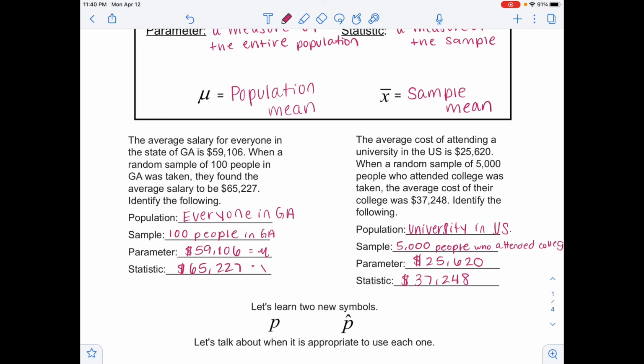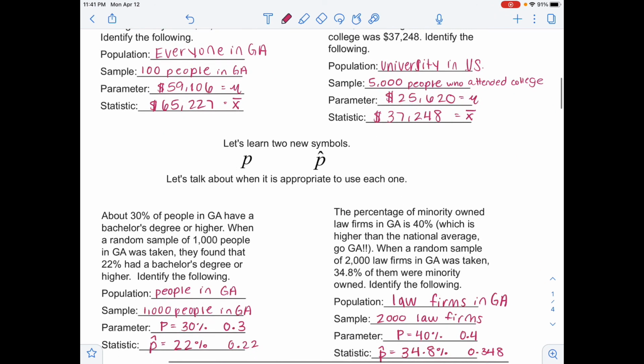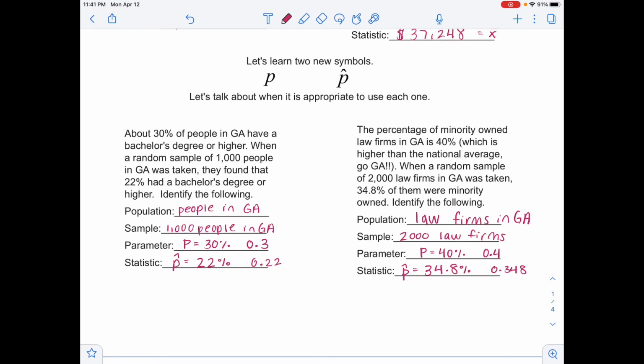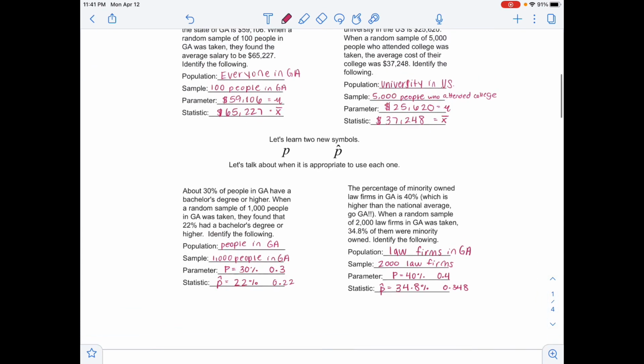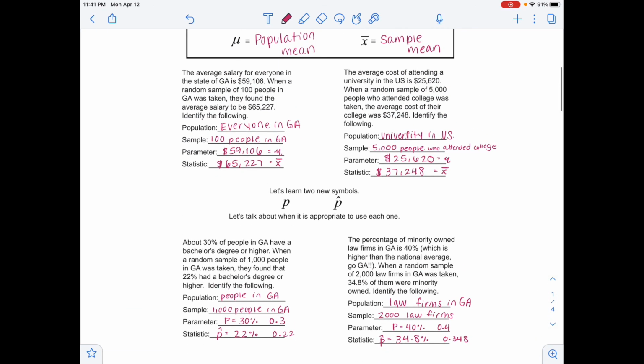The statistic was our sample mean. The difference was we were given the averages before. In these newer examples, we are given the percentages. So there's a difference in the data that we have collected here in all four of these examples.